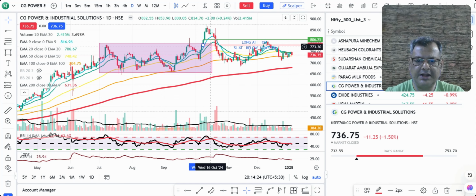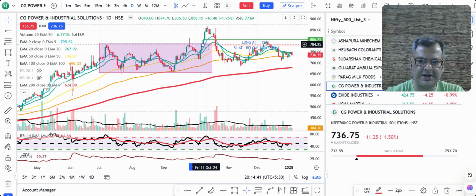I think we placed our SL correctly, because the idea of going long is that the price should have gone up and up. If we had not moved our SL after the closure of this candle, we would have been taken out, and it's good that we got taken out.